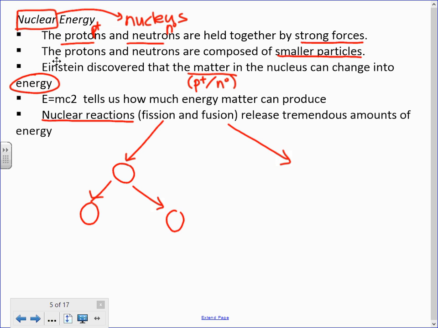Now fusion, and fusion can have a couple of meanings. Sometimes fusion is also used to talk about something melting, and we're not referring to that sense of the word here. Fusion in this sense is when we're talking about fusing two things together.